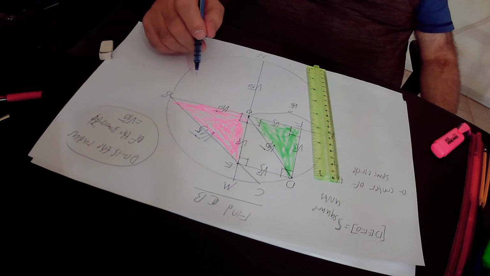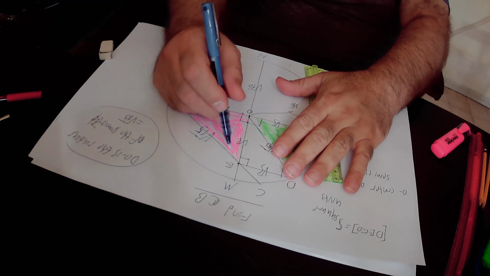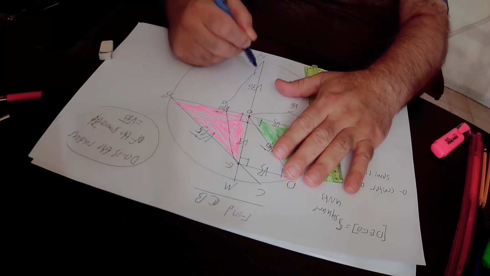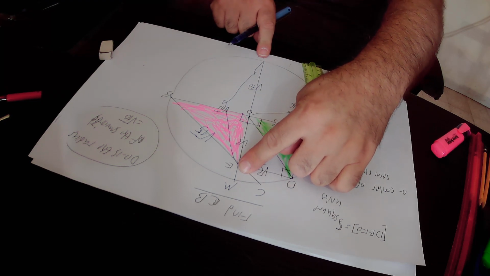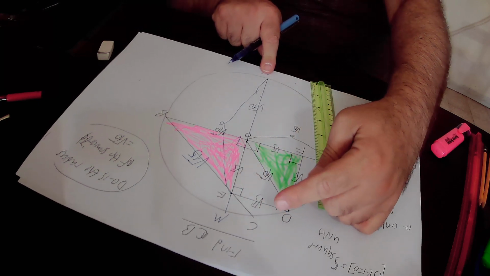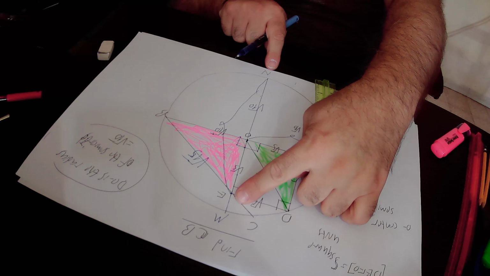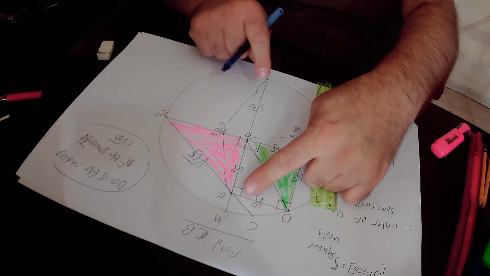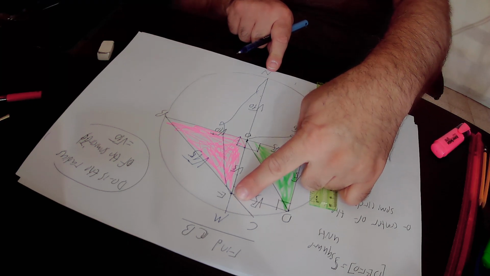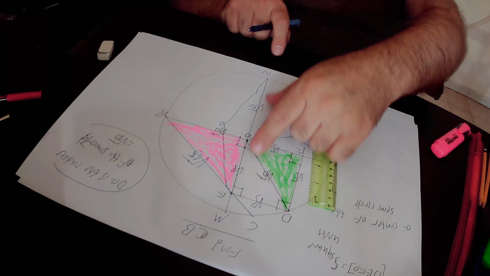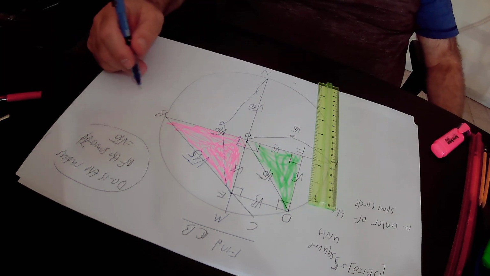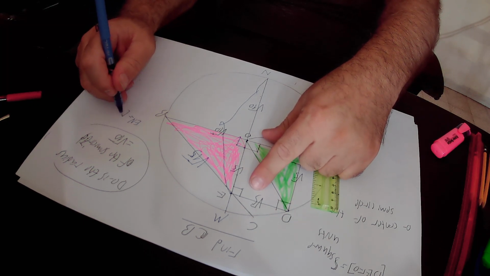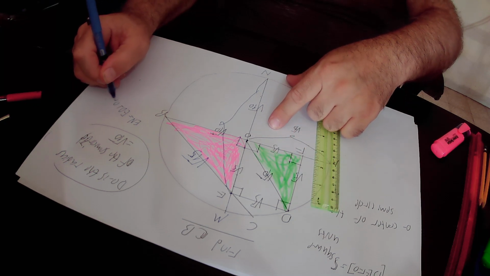So, here, what is the length of EN? This is line segment EN. The length of EN equals EO plus ON. I write it down: EN equals EO plus ON.